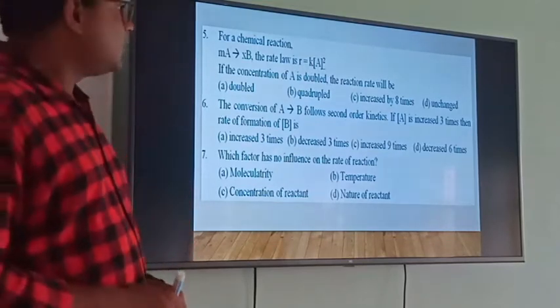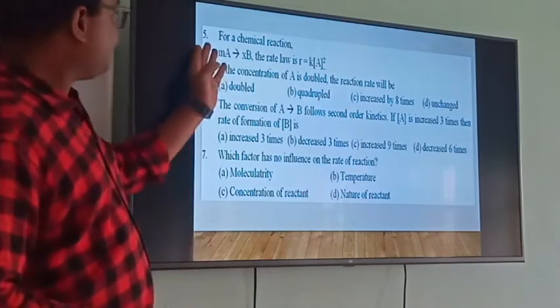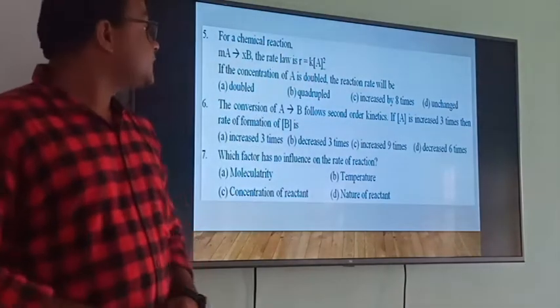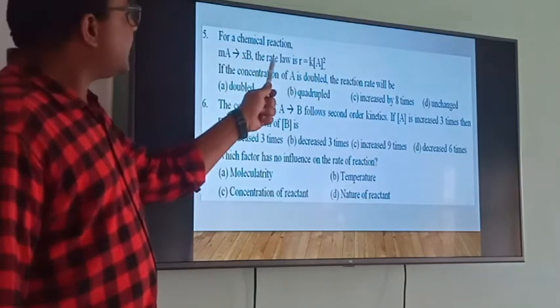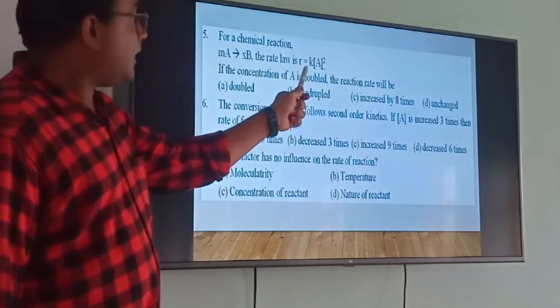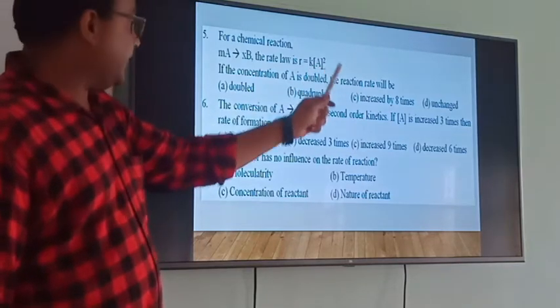Well, question number 5. It is given for a chemical reaction, A gives B. The rate law is R is equal to K into molar concentration of A whole square.